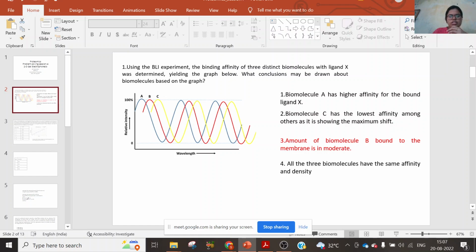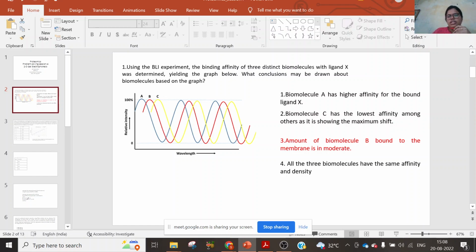Someone has done a BLI experiment, and the binding affinity of three distinct molecules with ligand X was determined. There are three distinct molecules A, B, and C, and ligand X is a ligand with which all three biomolecules are interacting. So from the graph, we have to clarify which of the following options is correct.